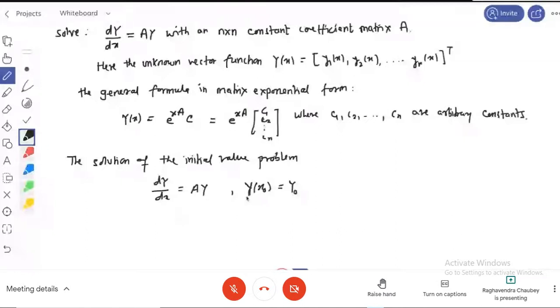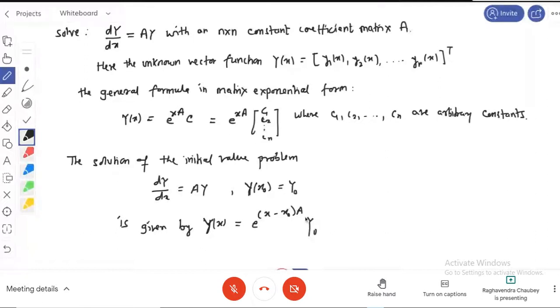The general solution y(x) equals e to the power of x minus x naught times A, if you use the initial condition. Putting y equals y0, we find c equals e to the power minus x naught A. Then multiplying these, the solution is e to the power (x minus x naught) A times the initial condition y0.